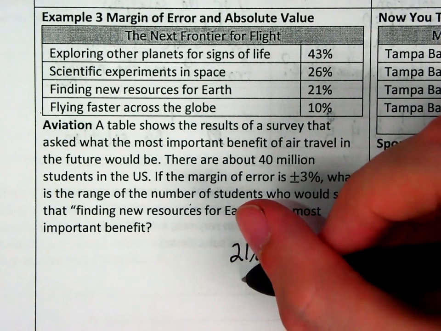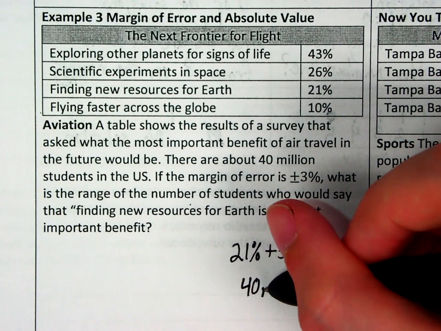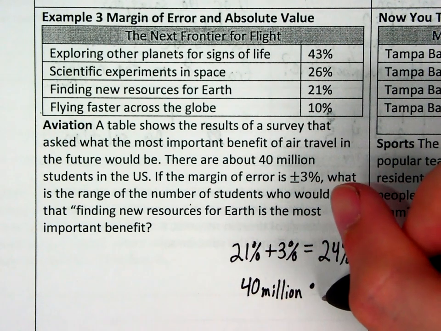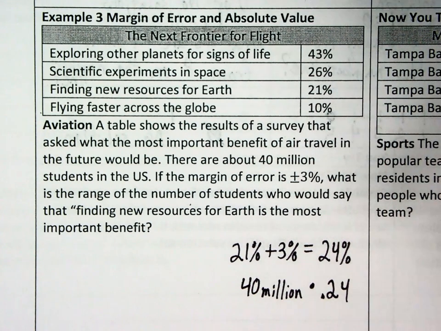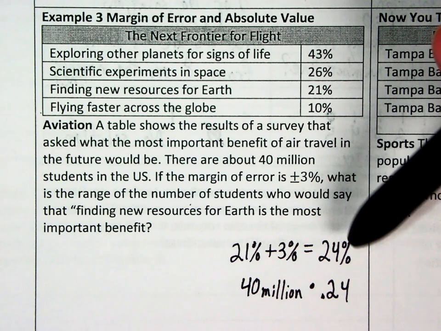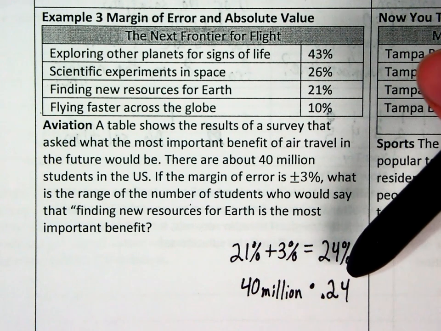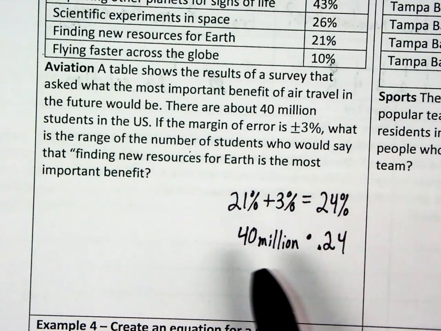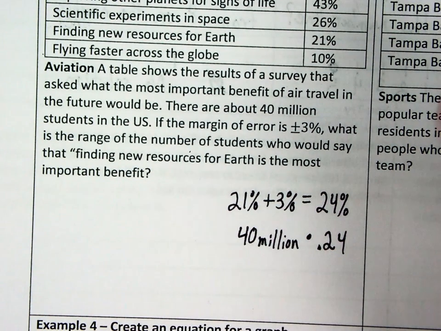So to deal with that fact, we're just going to multiply our 40 million times 0.24. If you want to use percentages in your multiplication, they need to be turned into decimals. So I turned the percentage into a decimal, and I multiply 40 million times 0.24.